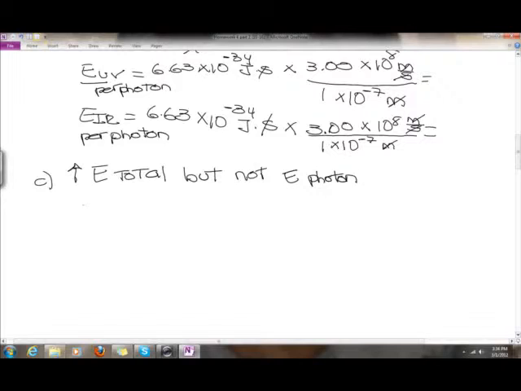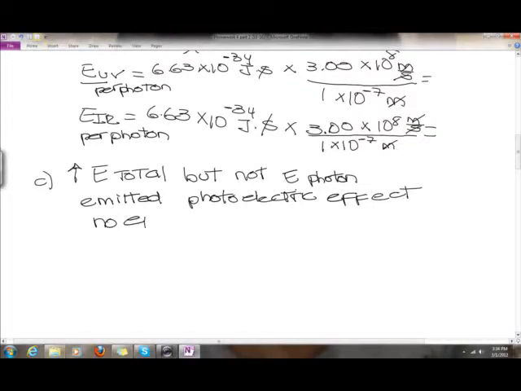You have more photons absorbed, so you're going to have more photons emitted, and you're going to increase the intensity of the photoelectric effect, if the light, either IR or UV, that you determine in part B, produces the photoelectric effect. If one of these doesn't produce it, either UV or IR, then it has no effect.